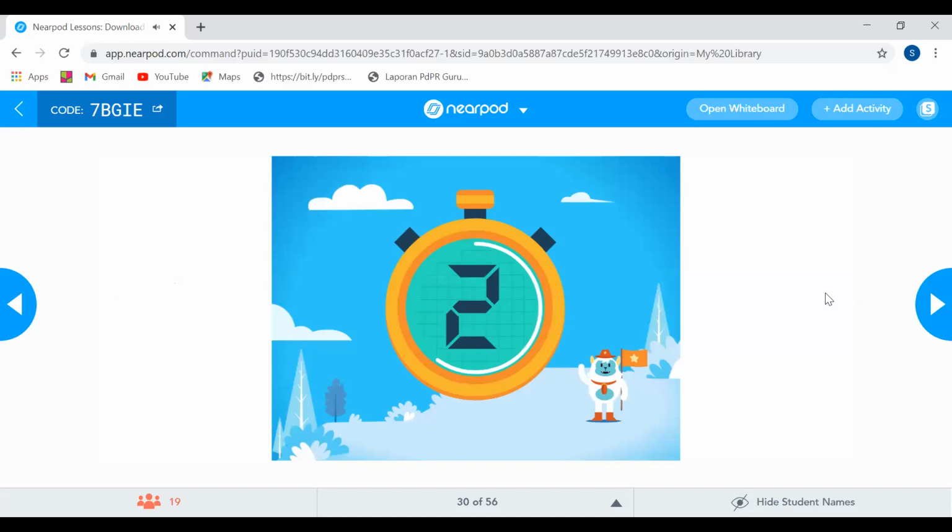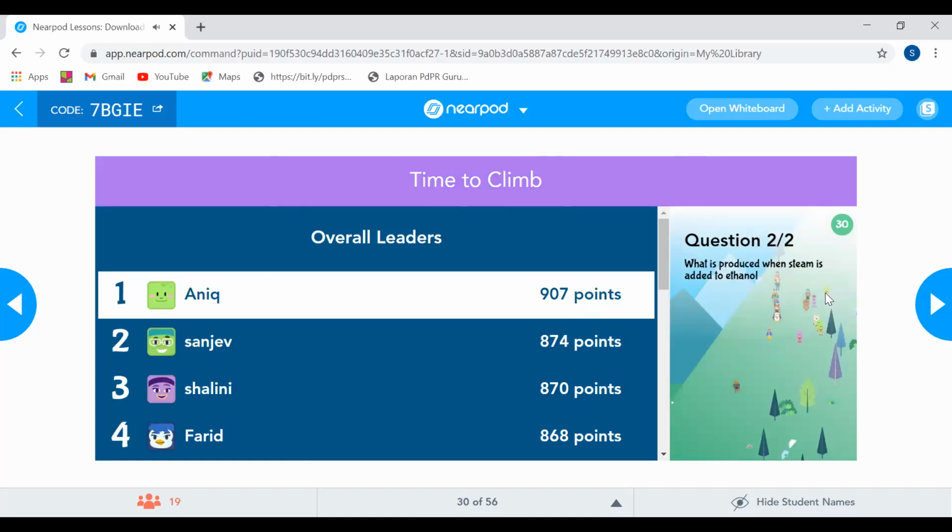Okay, next question. For those of you who cannot log into Nearpod, the question is here, so you can think for yourself. I think there's a mistake here. The question is what is produced when steam is added to ethene, ethene, not ethanol.